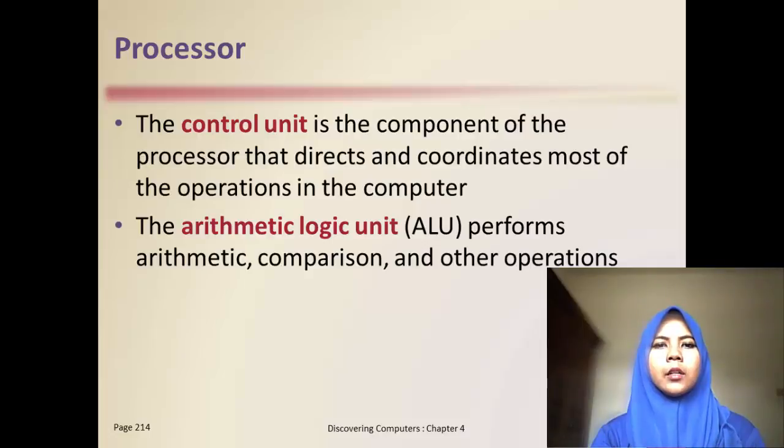The control unit is the component of the processor that directs and coordinates most of the operations in the computer. The arithmetic logic unit (ALU) performs arithmetic, comparison, and other operations.